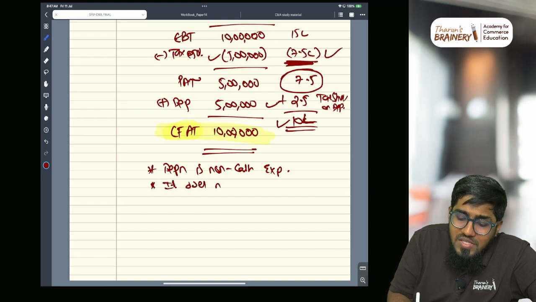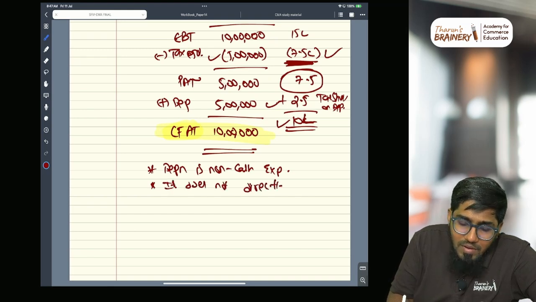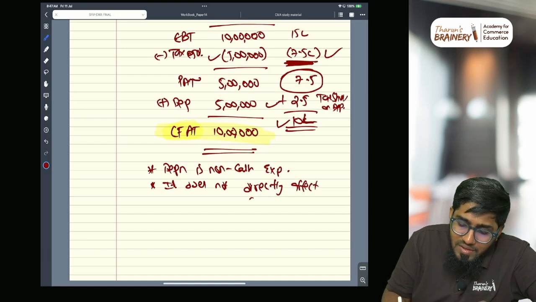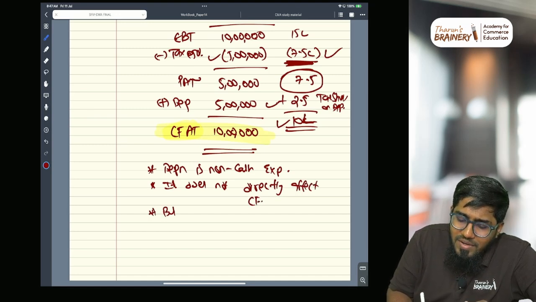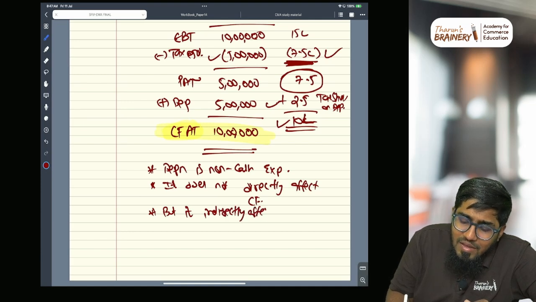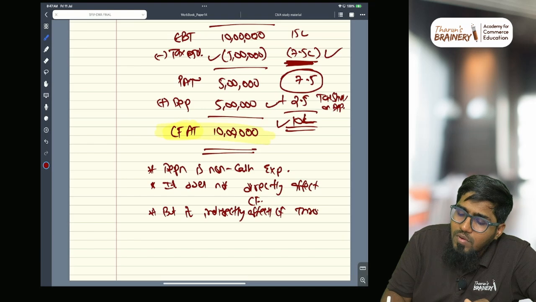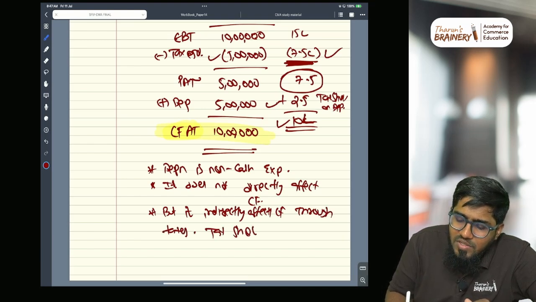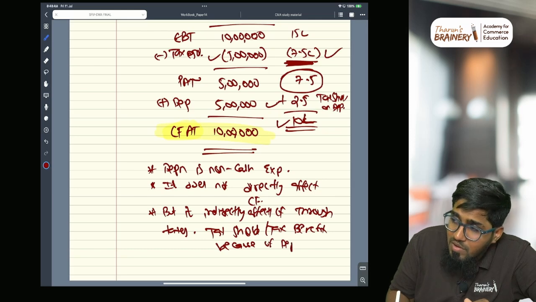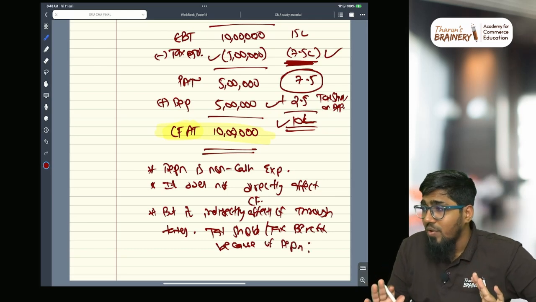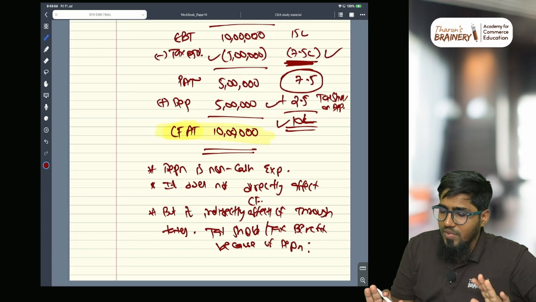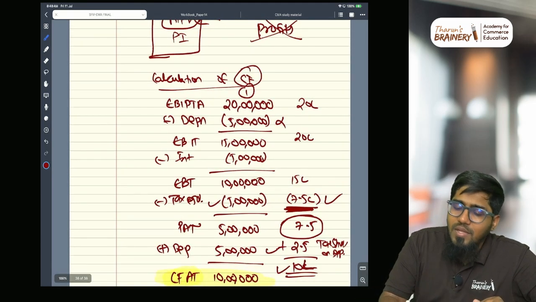It does not directly affect the cash flow, but it indirectly affects cash flow through taxes, which is called the tax shield or tax benefit on depreciation. Very important point. Clarity. So this is how you have to calculate the cash flow.